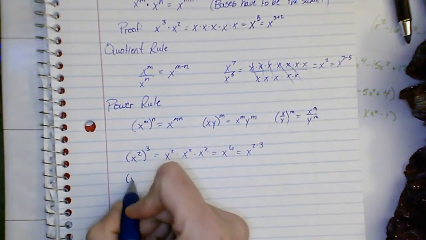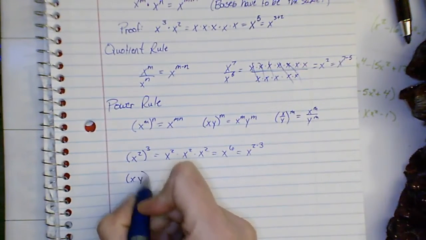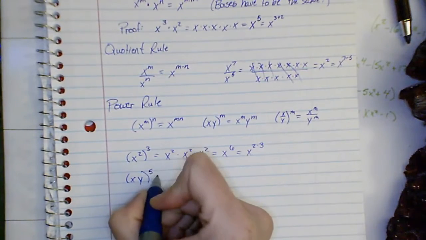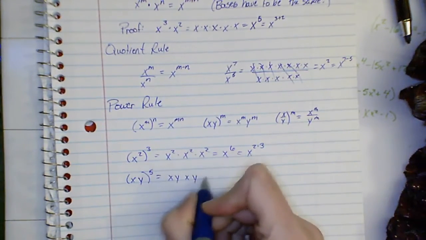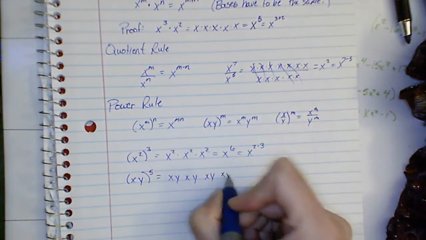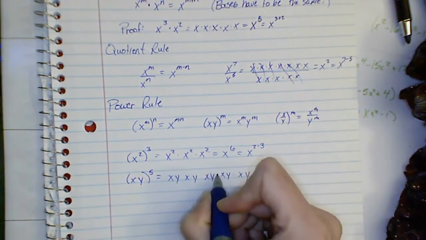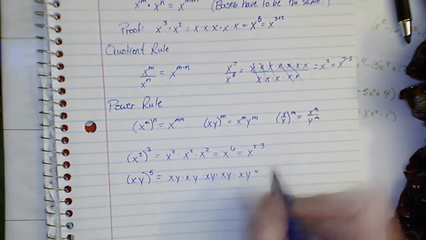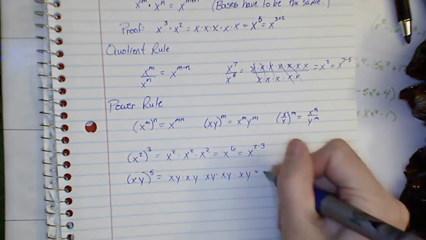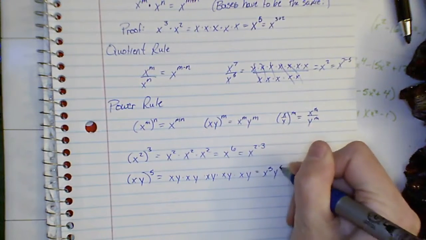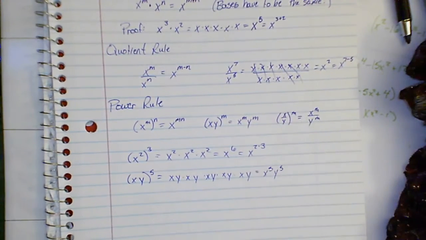The second one, we have xy to, let's say, the 5th power. That means we have xy times xy times xy times xy, 5 times. If we combine like terms, we have 5 x's and 5 y's. Similar proof for the division.